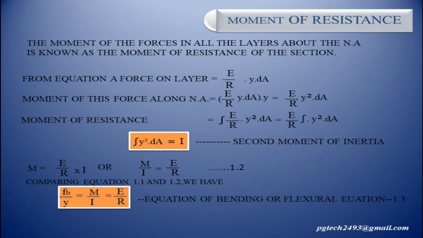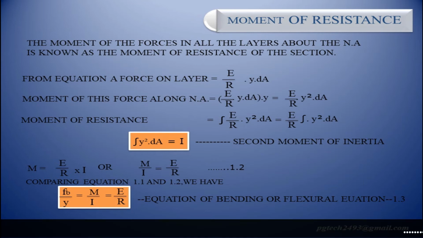Moment of resistance. Consider a beam section under pure sagging bending. Here the layers above the neutral axis are subjected to compressive forces. The magnitude of this compressive force is proportional to the location of the layer from the neutral axis.